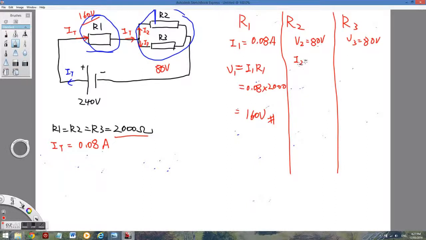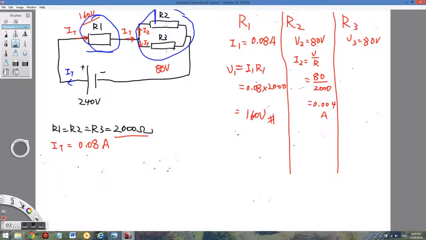Now I need to find I2, using the equation V equals IR. Rearrange it: V divided by R. I know it's 80 volts, and I know the resistance. Do your calculation. It should be 0.04 amps.